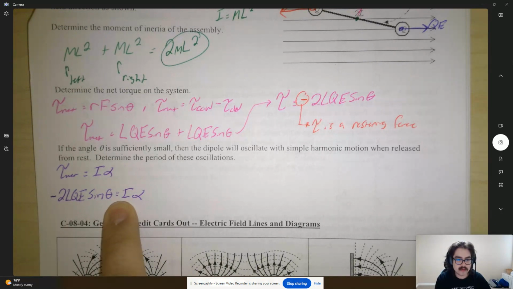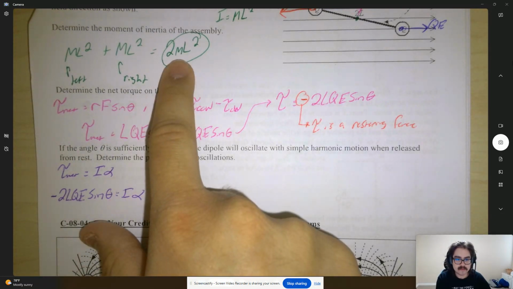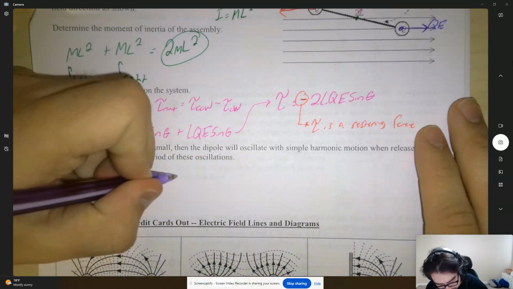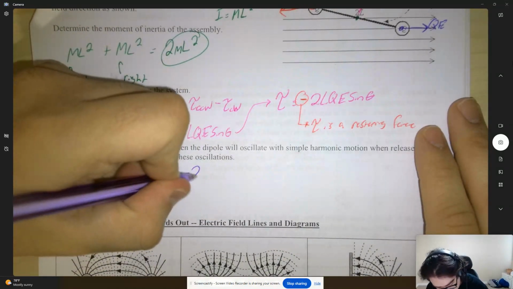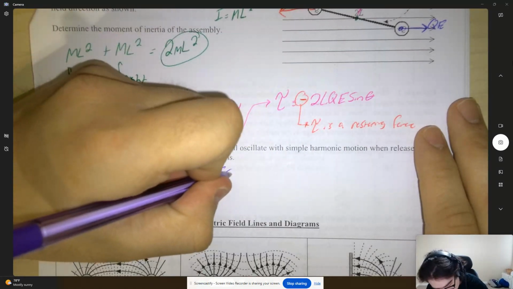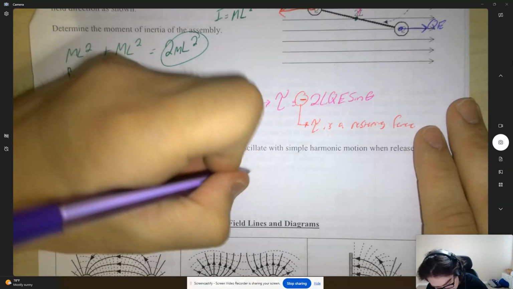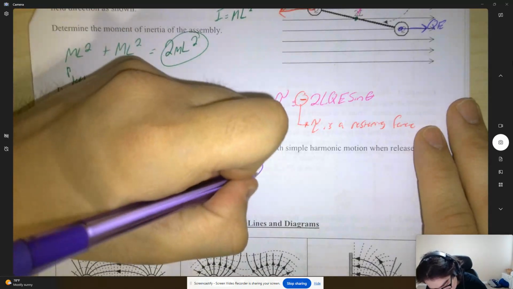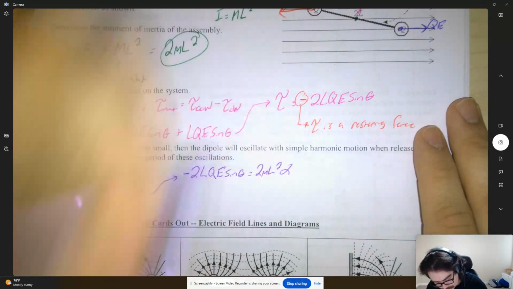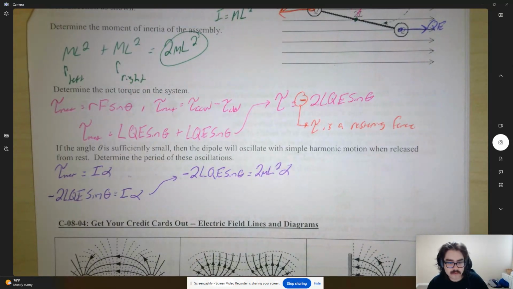I already know what I is from up here, 2 m L squared. So this becomes negative 2 L Q E sine theta equals 2 m L squared times alpha. I don't know what alpha is, but it's not really going to matter what alpha is.